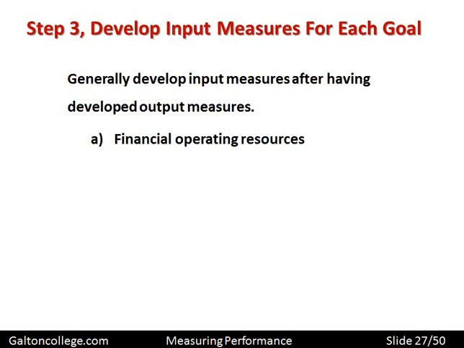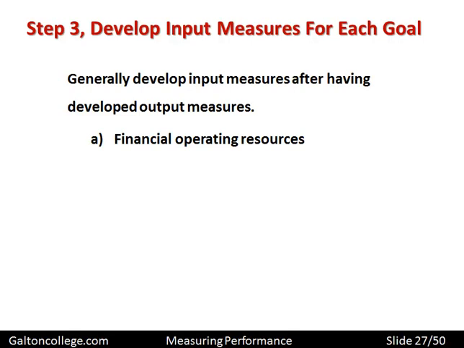Look at the financial operating resources of the business and see what the resources are. Look at the funds available. Look at whether the outputs that have been decided are feasible given the available resource packages, the cash, the machinery, the spare time, the store's capacity.